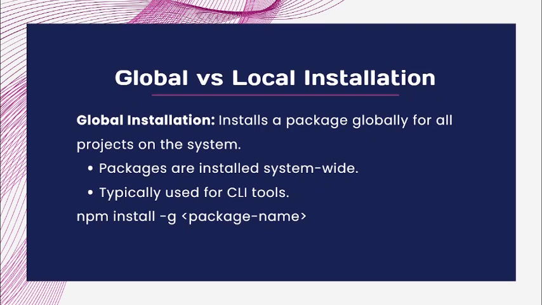So once you install a library globally, when you create a project, you can access that library or that package inside your project, okay? And it's usually used for CLI tools, okay? And this is how you install it: npm install, then -g, which stands for global, and then the package name, and once you press enter, it's going to install it for you, okay?